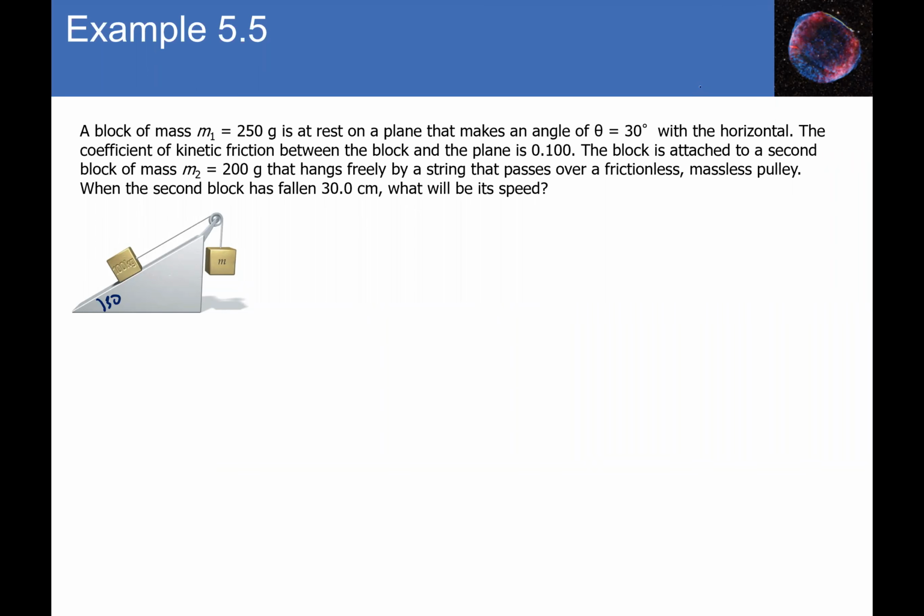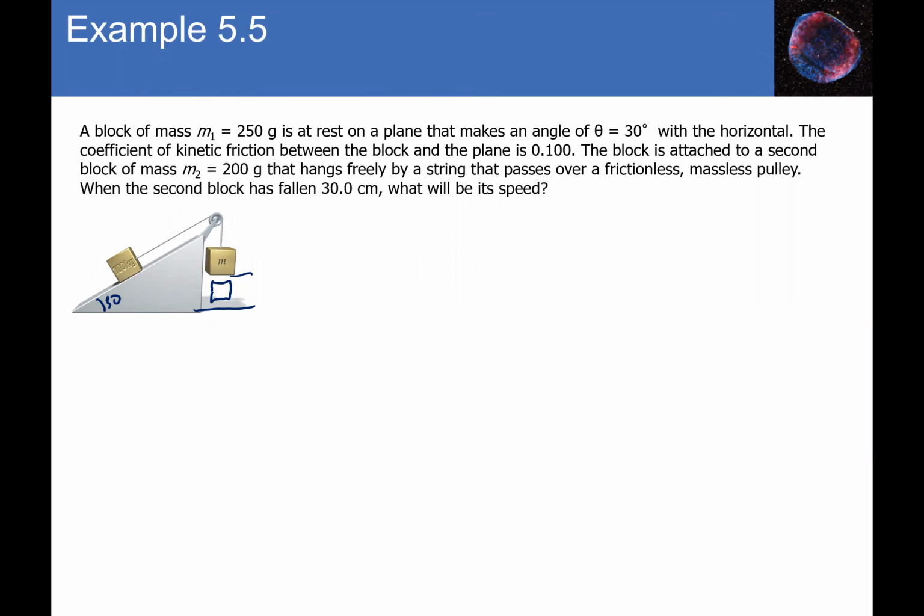So here we're going to assume that it is accelerating, because technically, if it starts from rest, then it's going to be accelerating, and we want to know, as this guy has fallen 30 centimeters, maybe somewhere over here, how fast it's moving.